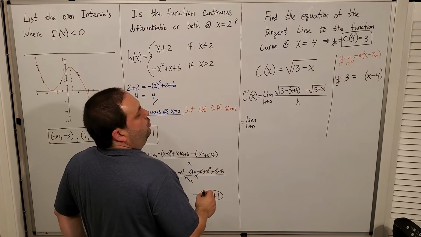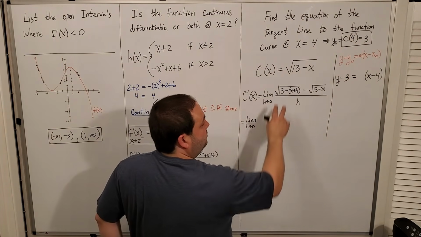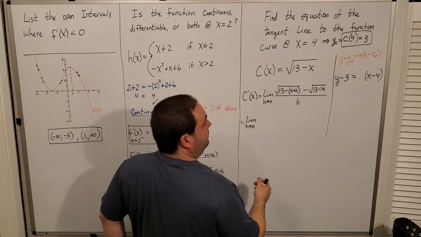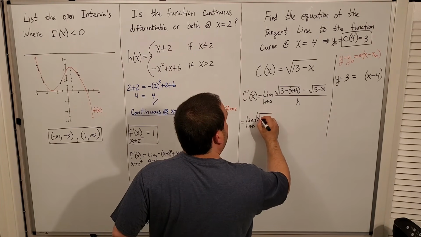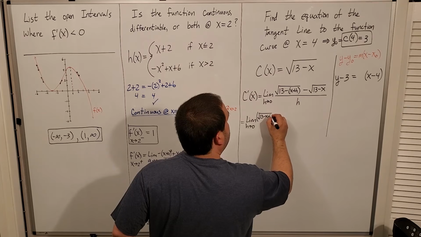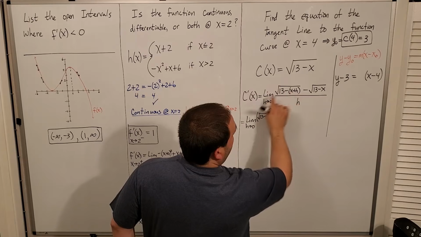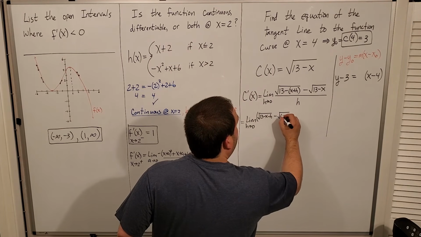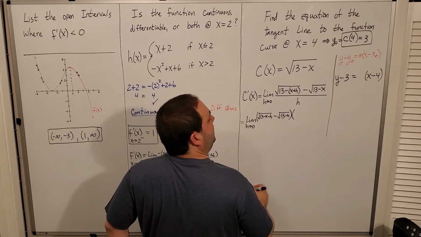What I'm going to do is multiply the numerator by its conjugate. That's what you do to make the numerator sort of simplify out. So I'm going to start with a parentheses, square root 13 minus x minus h. Notice I just put the negative into both of these two things here. Minus square root of 13 minus x times its conjugate.